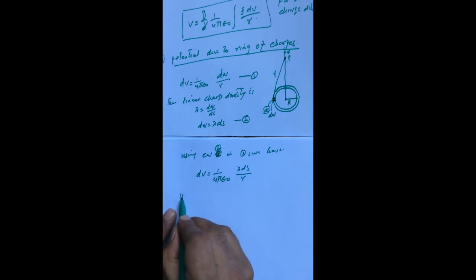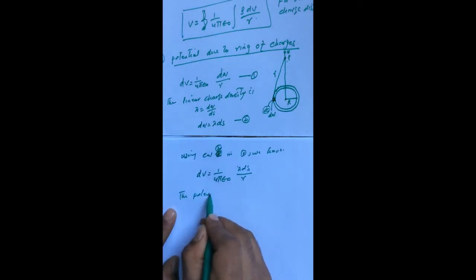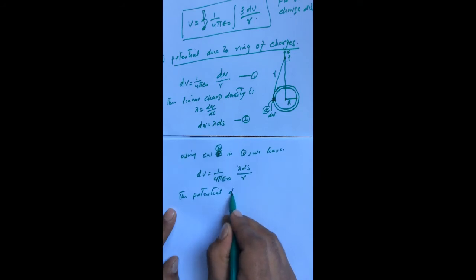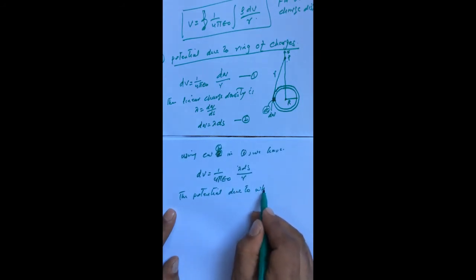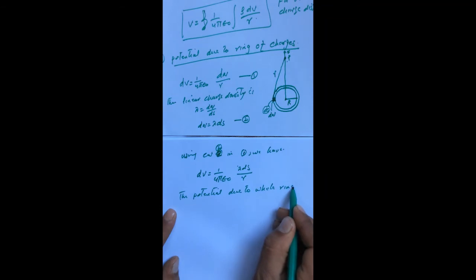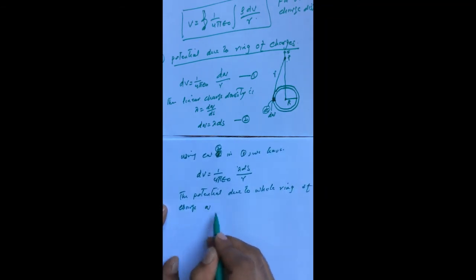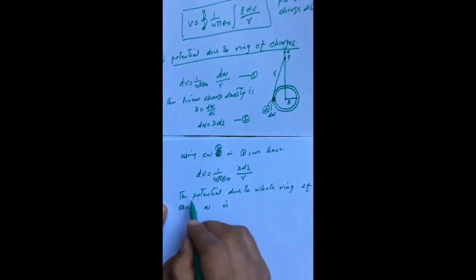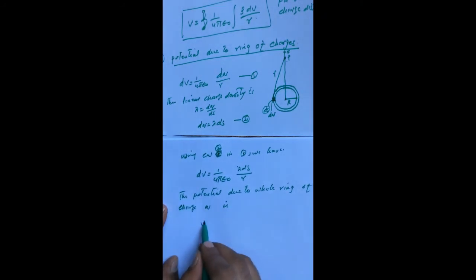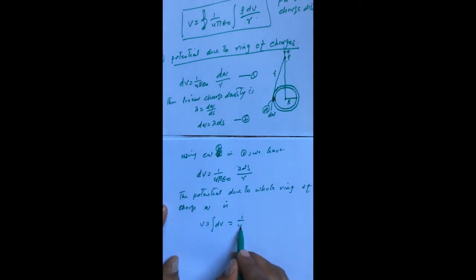The potential due to the whole ring of charge q, we will integrate this potential. So on this side we have V, which is the integral of dV, which is equal to 1 over 4 pi epsilon naught integral of lambda ds over r.